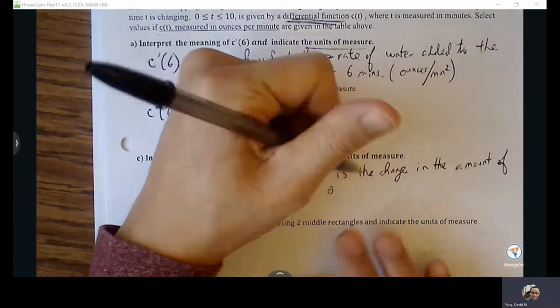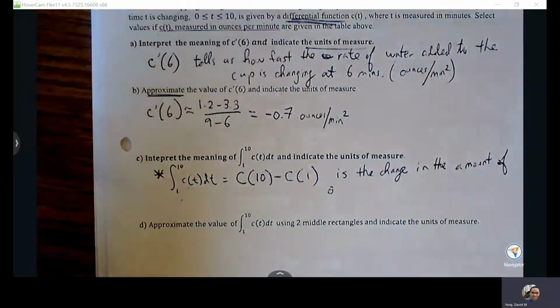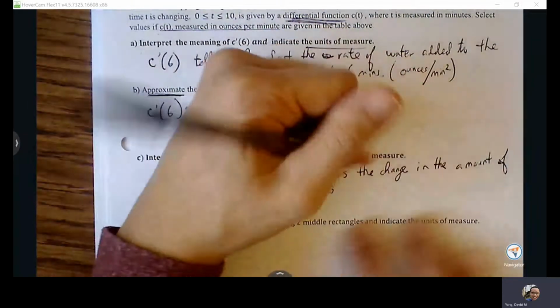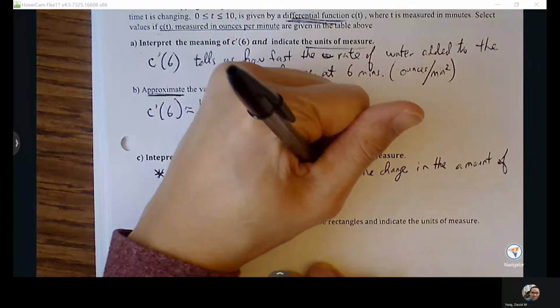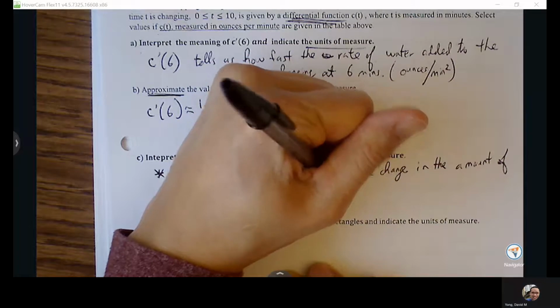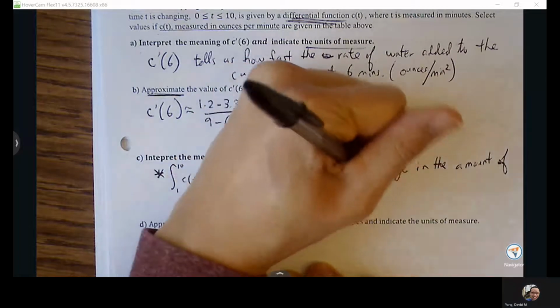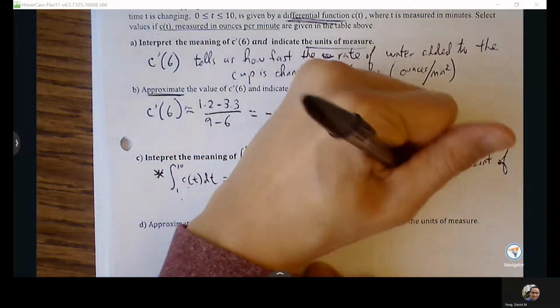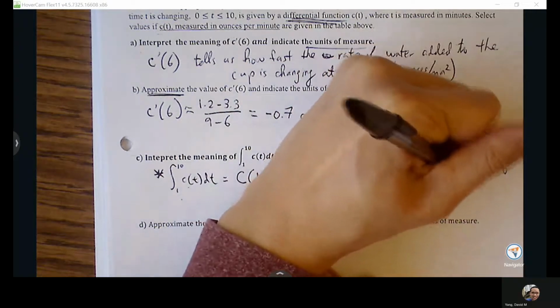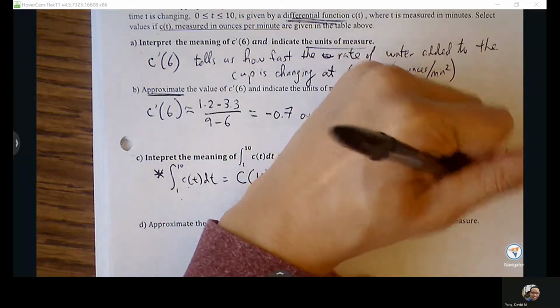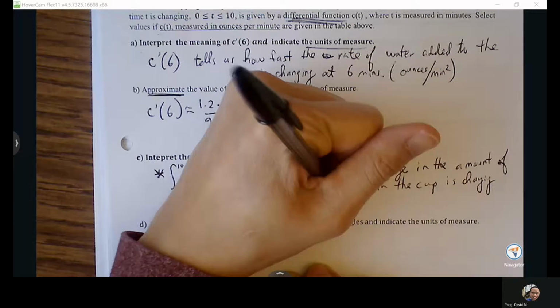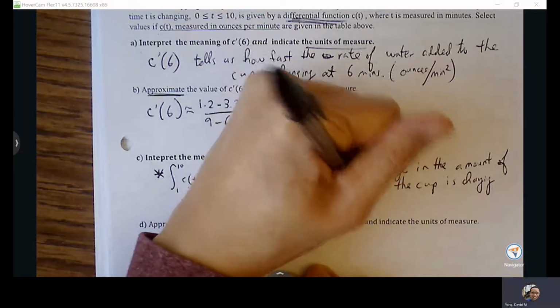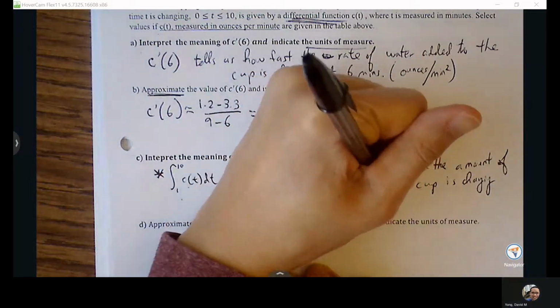Or, sorry, water going into the coffee maker, which is producing the coffee. Between the 1st and 10th minute.